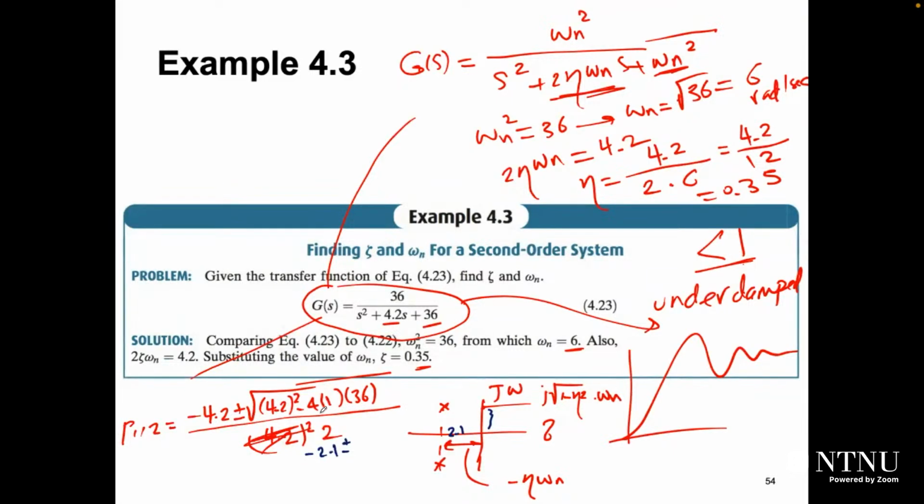So it will be 4.2 squared, which is 4.2 times 4.2, minus 4 times 36. So it will be minus 126. You need to take the square root of that part, and divide it by 2.